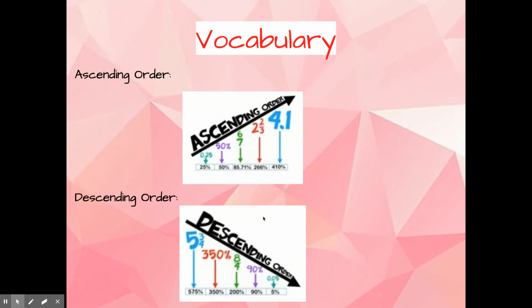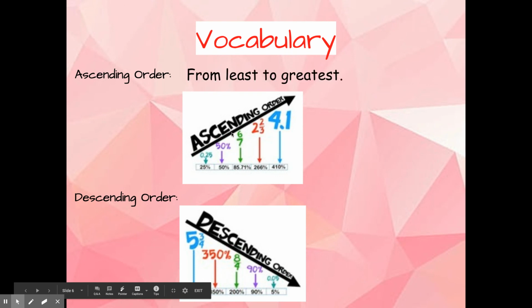Let's talk about a couple vocabulary terms you're going to need to know. The first is ascending. The second is descending. Think about a mountain or a hill. If I'm ascending, I'm going up. If I'm descending, I'm going down. So ascending means we're going from least to greatest, from smallest to biggest.